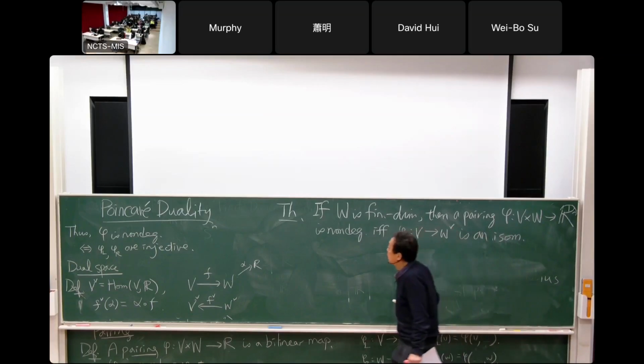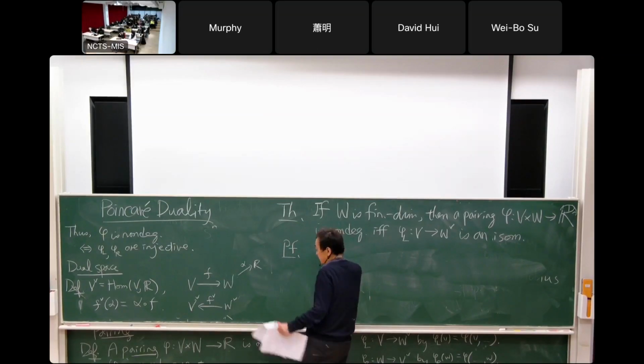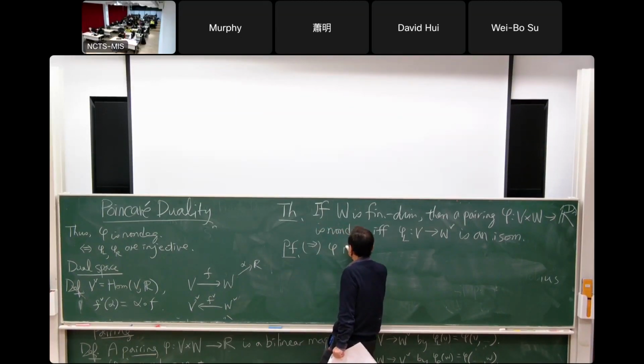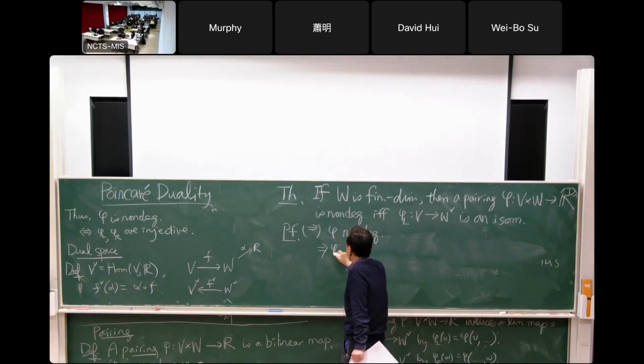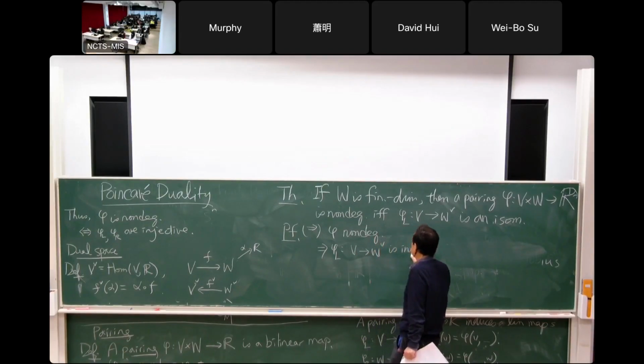Okay, so let's prove this. In this direction, let's say phi is non-degenerate. That implies that the left map is injective.